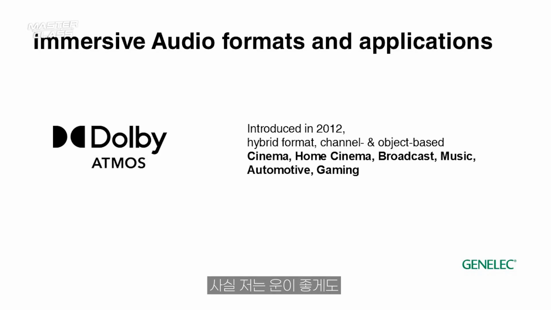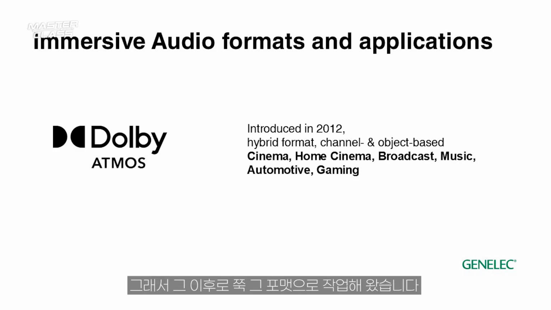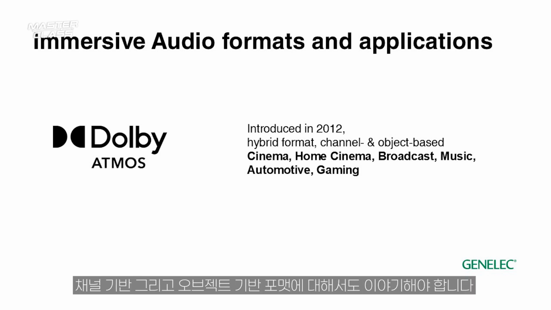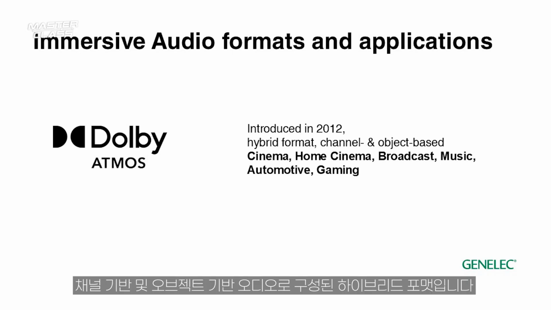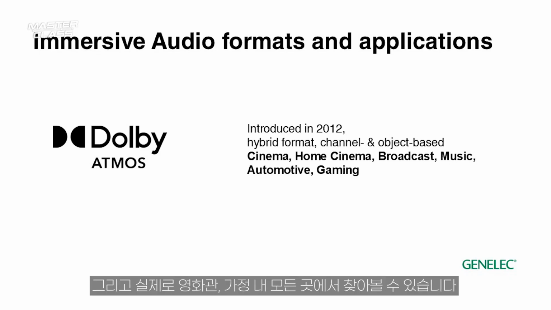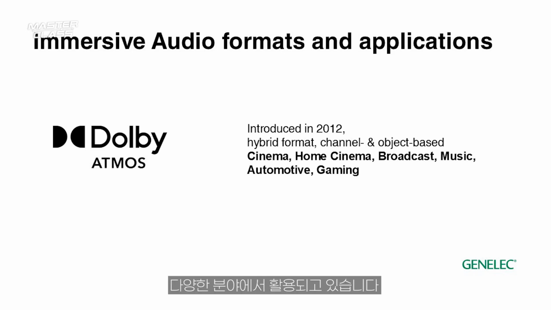I was actually lucky to build the first German Dolby Atmos studio in 2012, and since then I'm working with that format. When we talk about immersive audio, we have to talk about channel-based and object-based formats, but we're going to cover this in a second. Atmos is a hybrid format consisting of channel-based and object-based audio, and you'll find it everywhere: in cinema, in home cinema, in broadcast, in music, automotive, gaming.